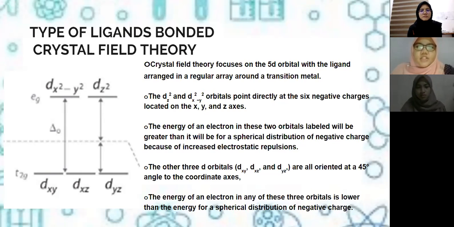The energy of an electron in these two orbitals will be greater than it would be for a spherical distribution of negative charge because of increased electrostatic repulsion. I will explain it later. The other three d orbitals, dxy, dxz, and dyz, are oriented at 45-degree angles to the coordinate axes. The energy of an electron in any of these three orbitals is lower than the energy for a spherical distribution of negative charge.